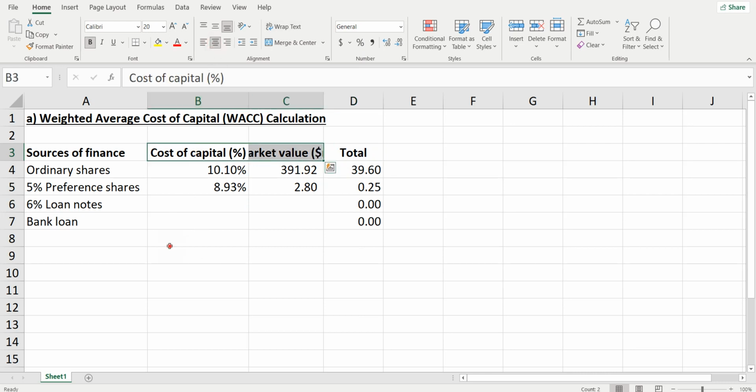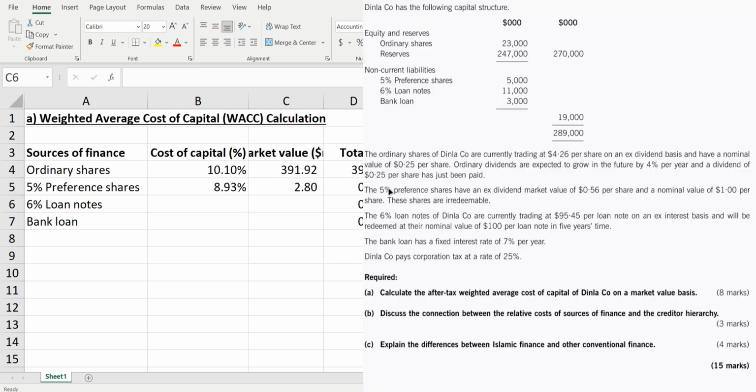Okay, now let's do the loan notes, which is a similar market value calculation: number of instruments multiplied by market value. So 11.